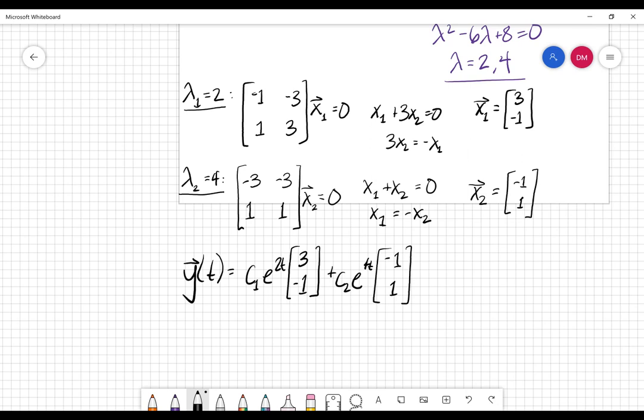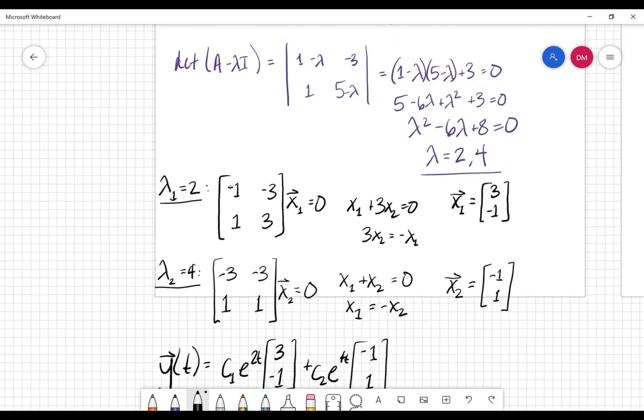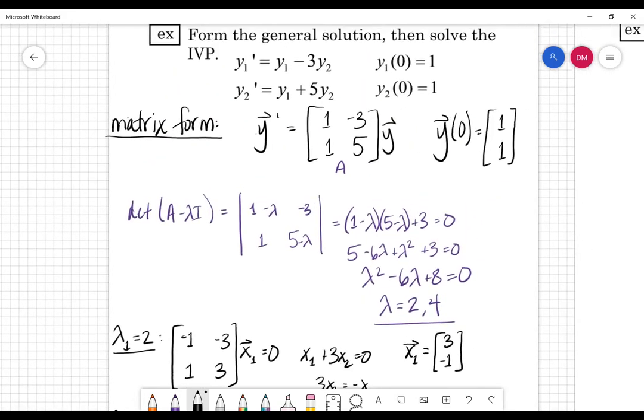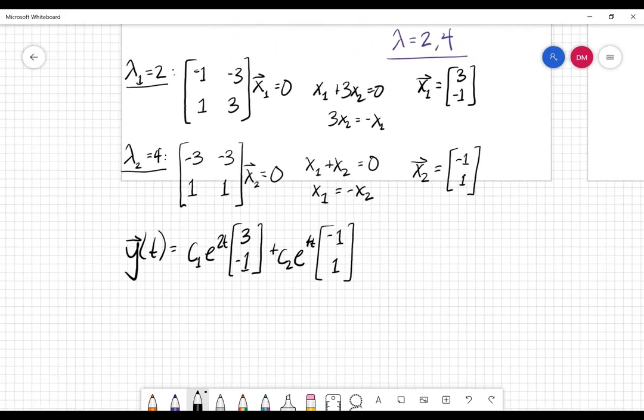Okay, now this is the part where I definitely want to get this into a nice, easier matrix form, because don't forget, we have an initial value problem here. And so I'm going to go ahead and say y is equal to, we're going to do our fundamental matrix here. So it looks like I have 3e to the 2t when I do my multiplication here, minus e to the 4t when I do that here to get row 1.